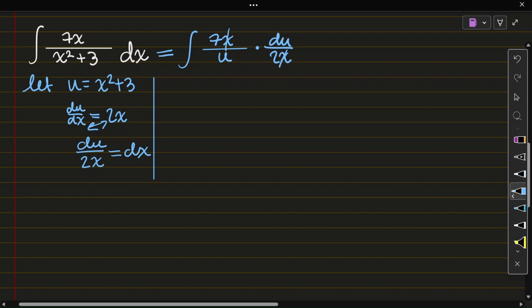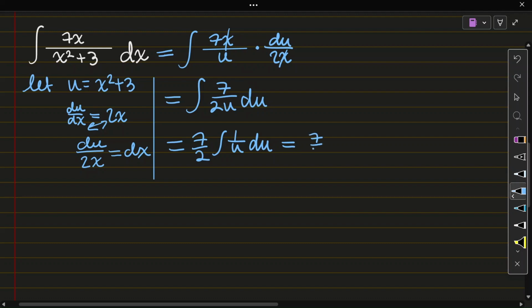Now this x and this x will cancel, and so I'm left with the integral of 7 over 2u du. I can pull that 7/2 out and get that this is the integral of 1 over u du. And the integral of 1 over u is just ln absolute value of u. So this becomes 7/2 ln absolute value of u plus c.